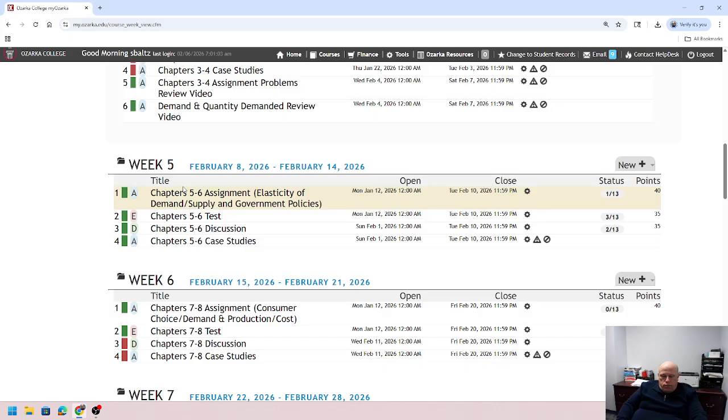We know, by the law of demand, that there's an inverse relationship between price and quantity demanded. We also know on the supply side that there is a positive relationship between price and quantity supplied. But in chapter 5, we're going to get a little more detailed and talk about how much the quantity demanded and quantity supplied change as price changes. There are several determining factors there, and we'll talk about a lot of those in chapter 5.